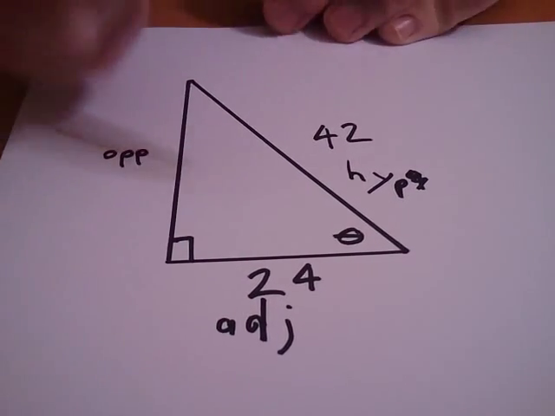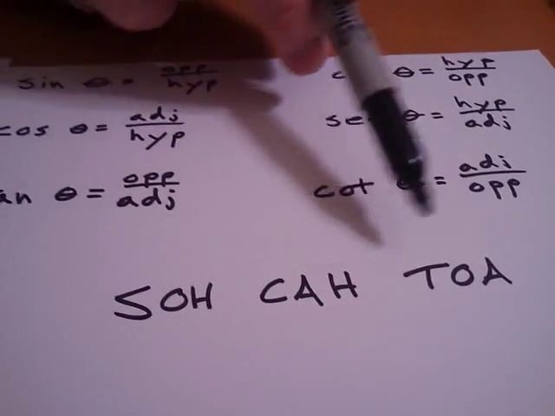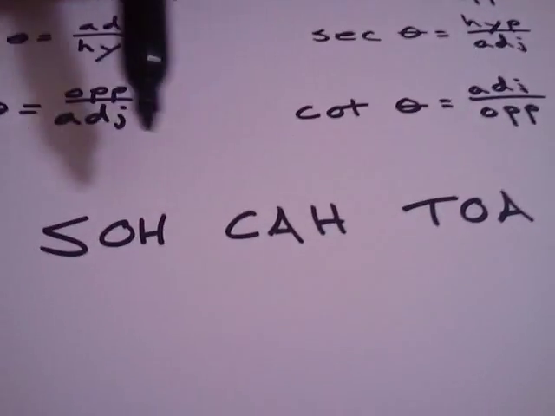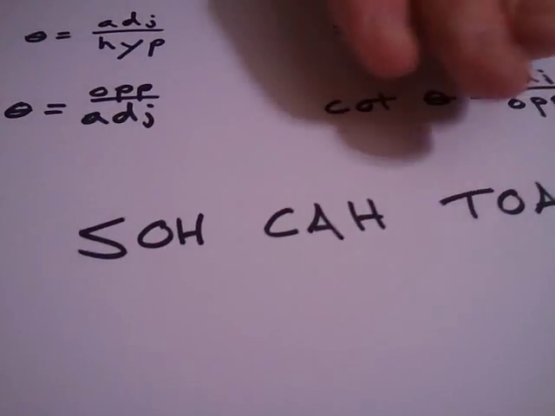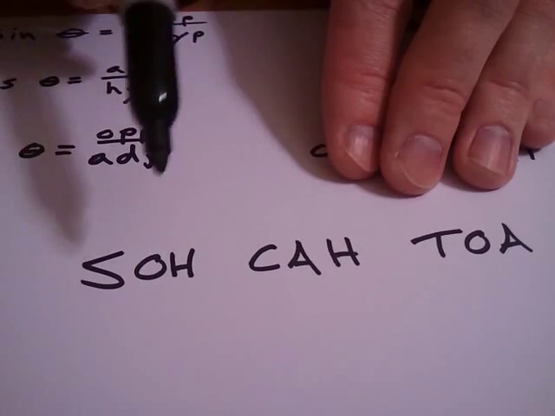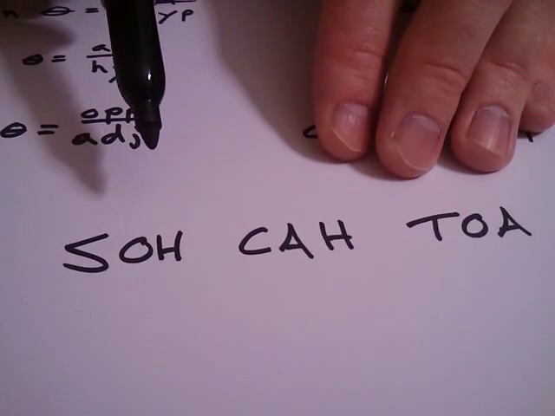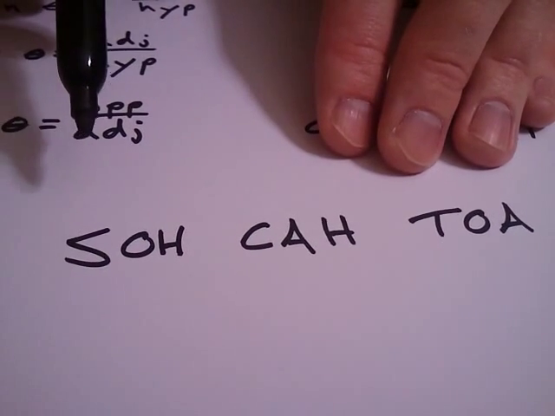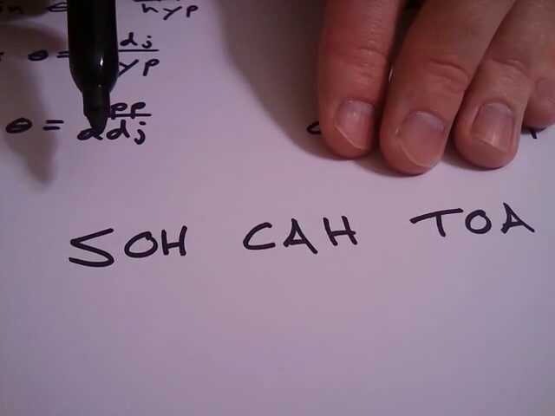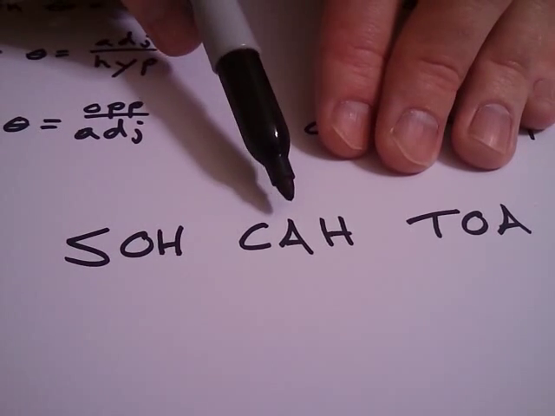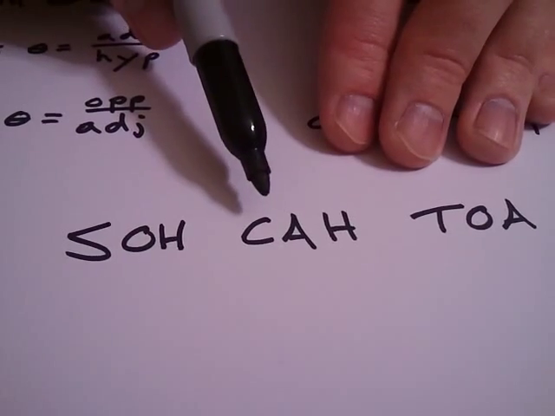So adjacent, hypotenuse, SOHCAHTOA. Which of our functions here will help with that? Let's focus on just sine, cosine, and tangent, because those are the ones that we can use most easily on our calculators. We've got adjacent, we've got hypotenuse. That sounds to me like adjacent over hypotenuse. That's cosine.